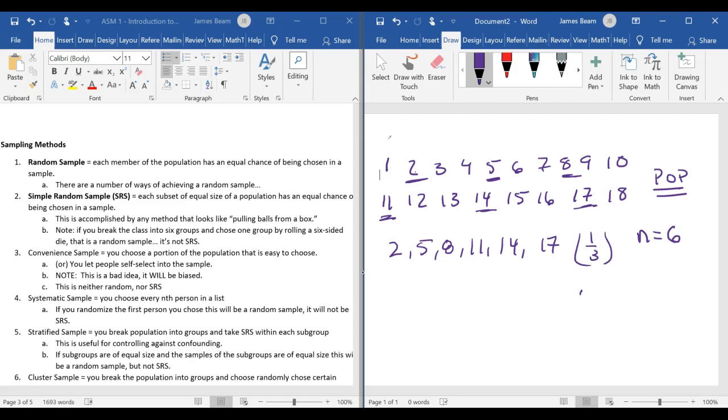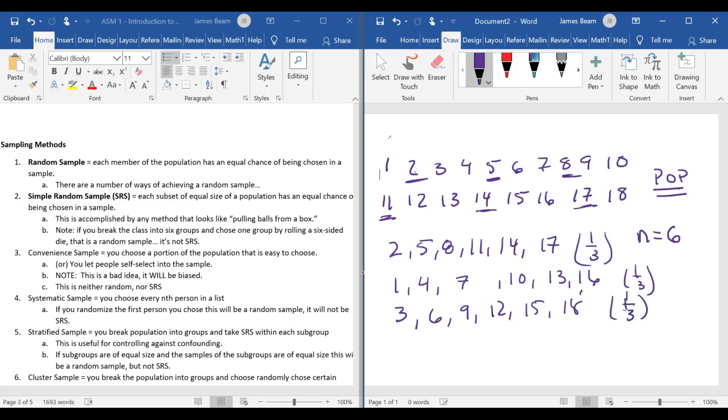Likewise, the set 1, 4, 7, 10, 13, 16 had a 1 in 3 chance of being chosen, and the subset 3, 6, 9, 12, 15, and 18 also had a 1 in 3 chance of being chosen, which literally means that every single number in this list had a 1 in 3 chance of being chosen.